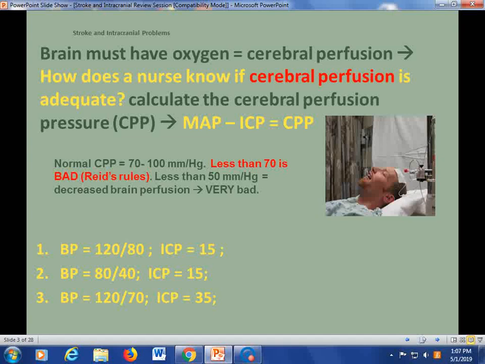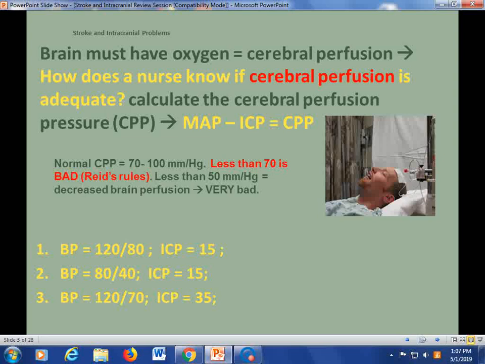So how do you determine whether there is enough cerebral perfusion or enough oxygenation to the brain? Well, you calculate the MAP, the mean arterial pressure, and you subtract the ICP, or intracranial pressure, from the MAP, and that will give you the CPP. The normal CPP in the critical care course is deemed to be 70 to 100.